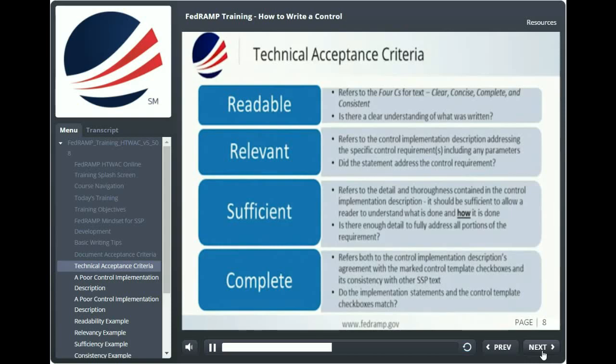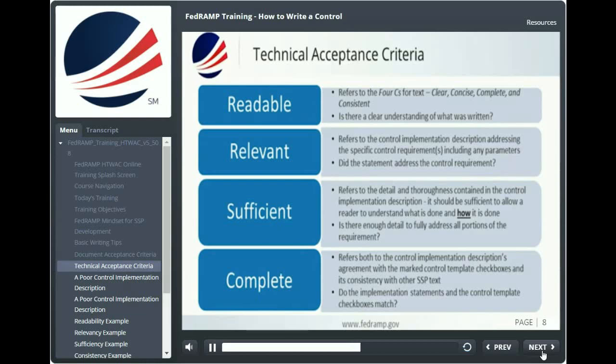Let's talk last but not least about complete. Now, complete refers to both the control implementation's description and its agreement with the marked control template boxes. Those are the boxes a little bit above where the implementation statement is typed in. You want to make sure that if you say something is system-specific, you have a system-specific implementation.